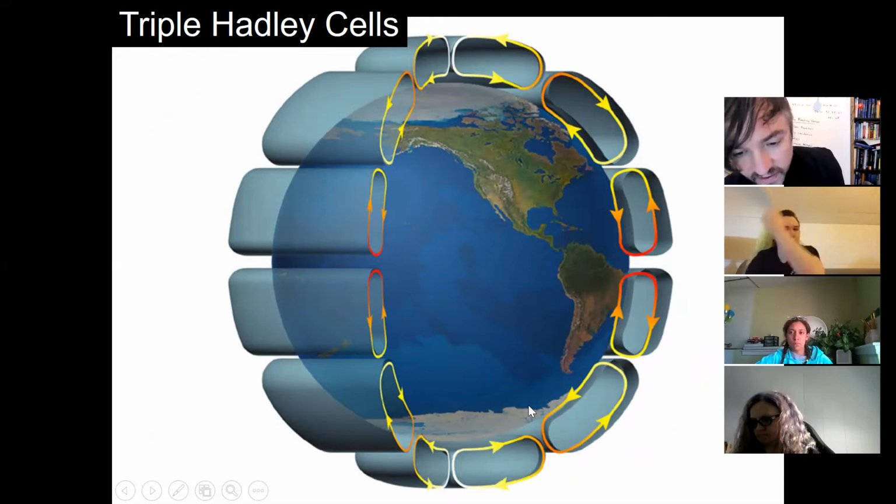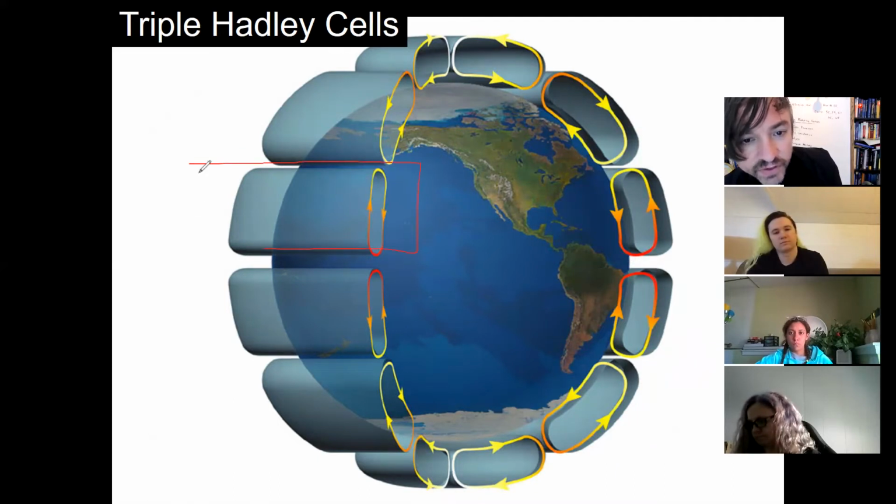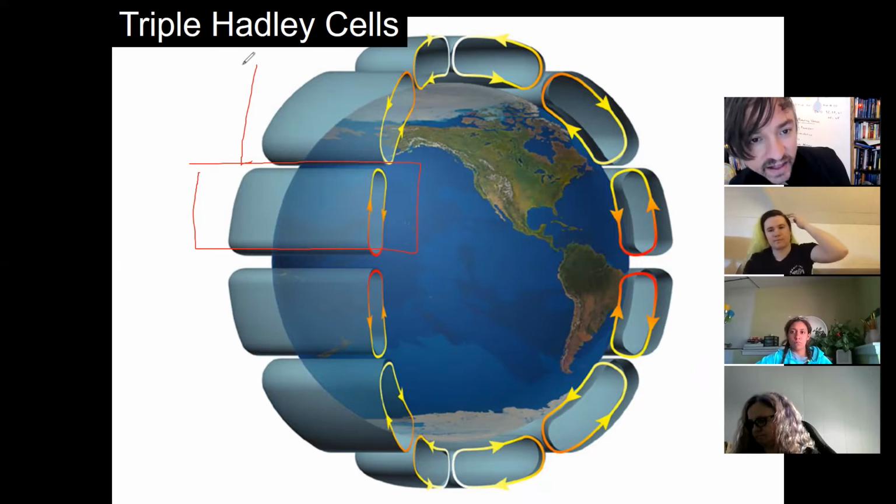I'll spare you the details, but basically Earth's Hadley cells get split and fractured into a set of triple Hadley cells. You guys have heard of tropics versus temperate zones versus polar regions. The reason why Earth has these three mini climate zones is because each Hadley cell is kind of like its own separate refrigerator that keeps temperatures fixed in these different zones.